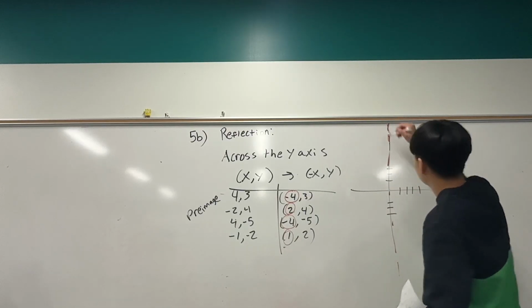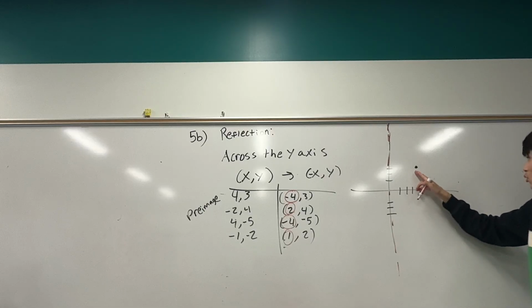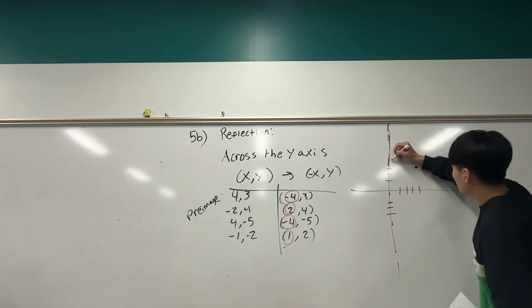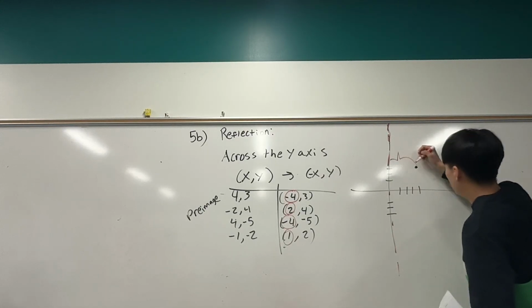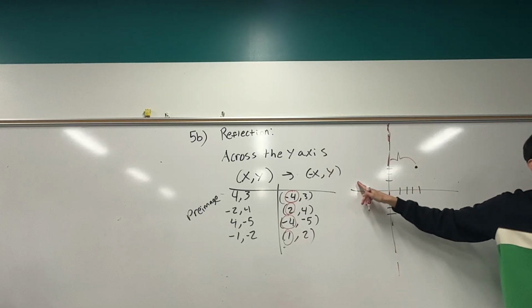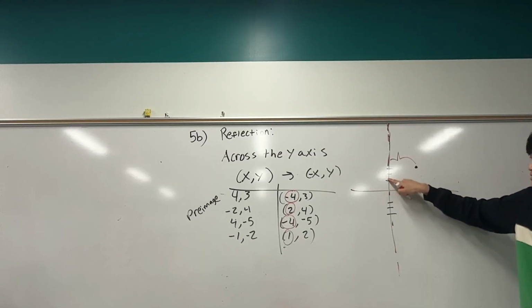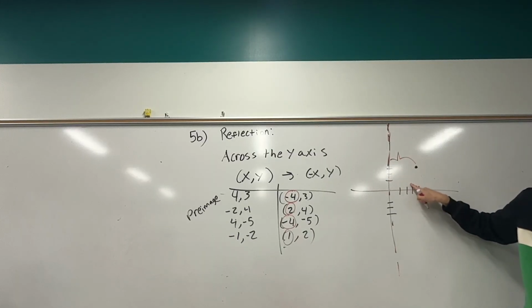Okay? So like that's my axis of symmetry. The amount of points that is in between here, I have to flip the same amount of points on the other side. Does that make sense? So how many points is it from here to the y-axis? 4. 1, 2, 3, 4.